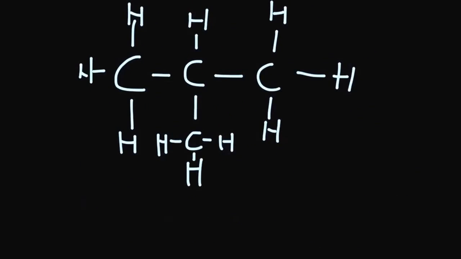In this compound we can see that it doesn't really matter where we start numbering. 1, 2, 3, or 1, 2, 3, it doesn't matter. Carbon 2, this middle carbon here, is always going to be the one that has the other group coming from it.